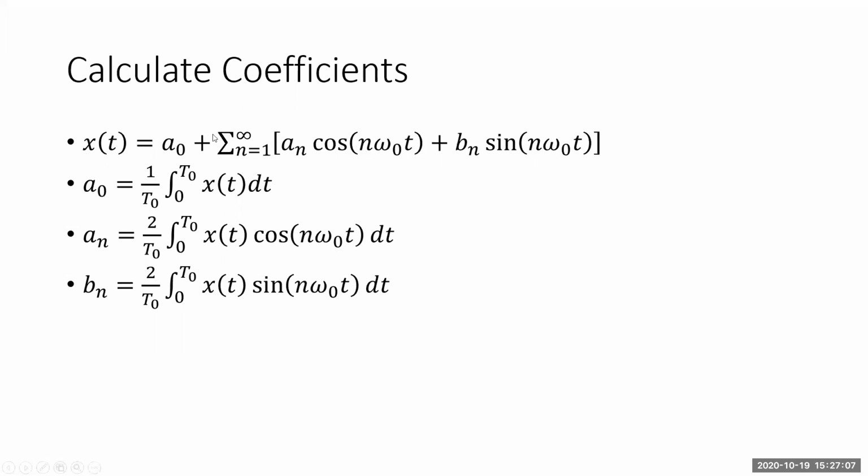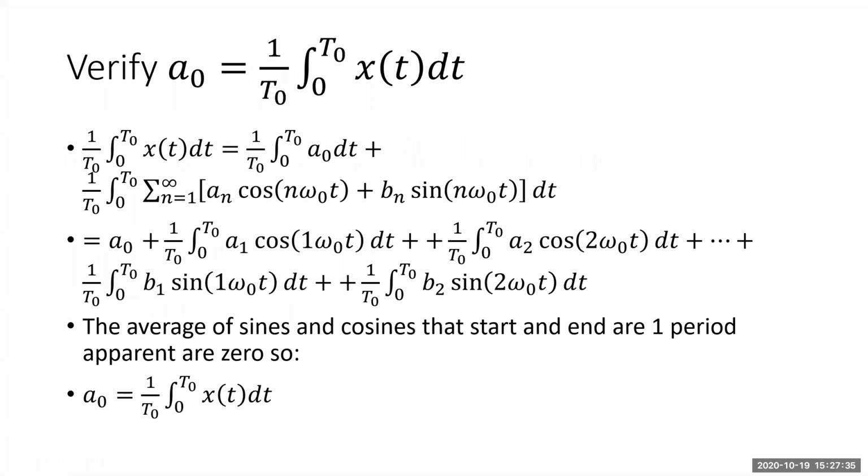So again, the way we find these is the offset is just the average of the signal. All the AN constants are the average of the signal times cosine, and N is frequency 1, 2, 3, 4, right? So everything's discrete. And then the BNs are the original signal times the sine. And again, N equaling 1, 2, 3, 4. So it's really important to get the period right.